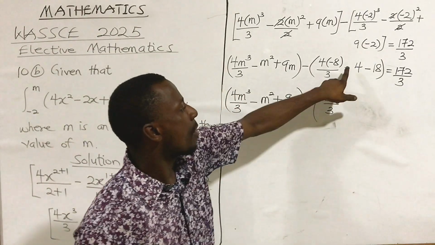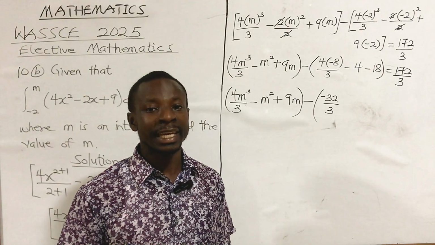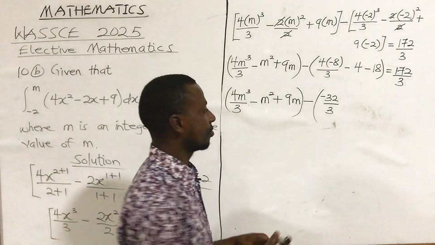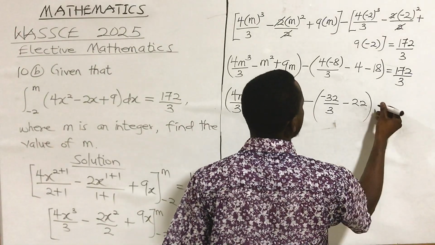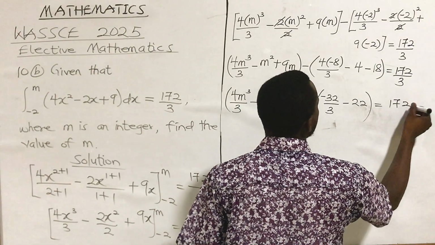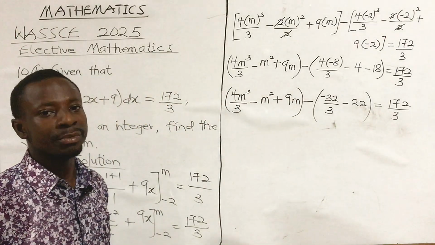Then here we have minus 4 minus 18, and we are going to get negative 22, which is still equal to 172 all over 3. We are still moving on.